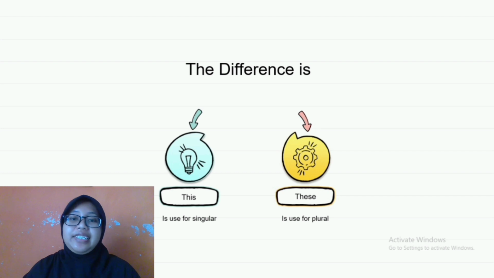These sisters of mine are beautiful and smart. These paintings. These bags. So the conclusion is the words this and that are for a single noun, while the words these and those are for plural nouns.